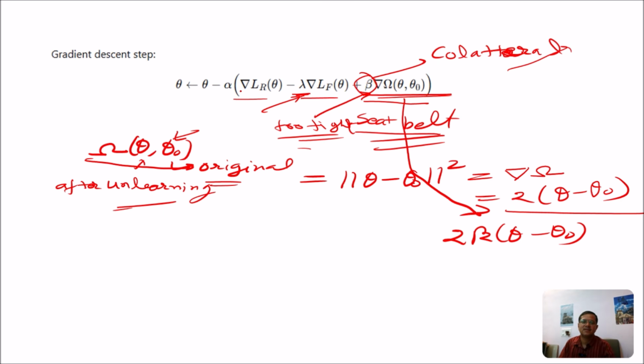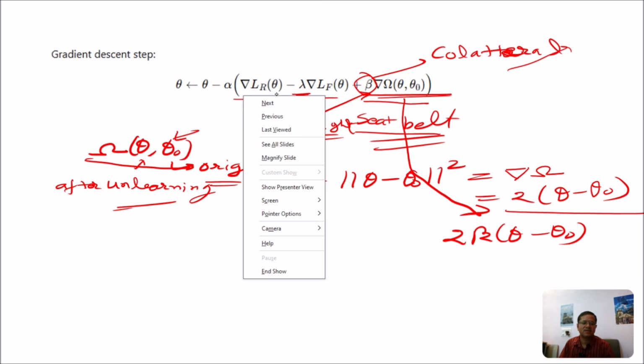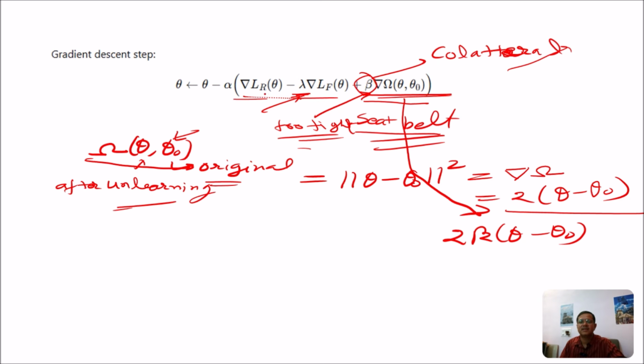This part is retaining, this part is forgetting, and this part is to balance your model and avoid deviating from the actual task. This is the complete equation we generally use for machine unlearning.